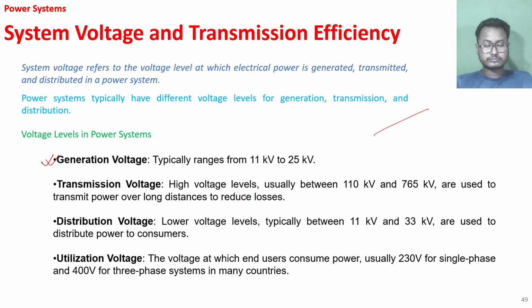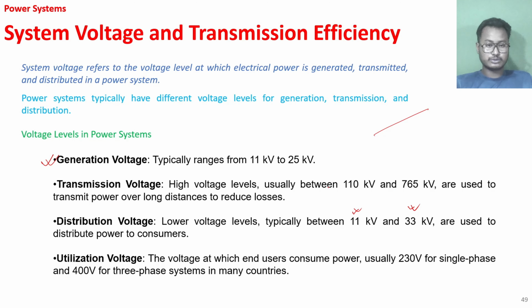Distribution, I think you already know this part: generation, transmission, distribution, or utilization part of the power system. For distribution voltage, it is a lower voltage level where we distribute to the customers. That level is 11 kilovolt to 33 kilovolt. Okay, we can see this in our nearby area.